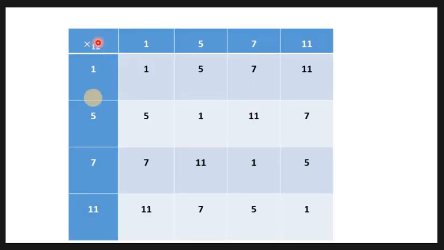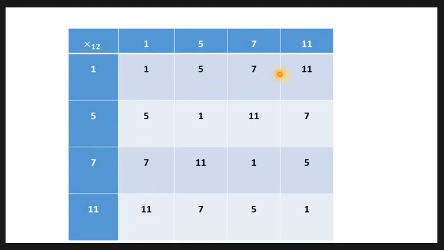Now observe the first row and first column of the composition table. See, the first row is 1 5 7 11, and the first column is 1 5 7 11.